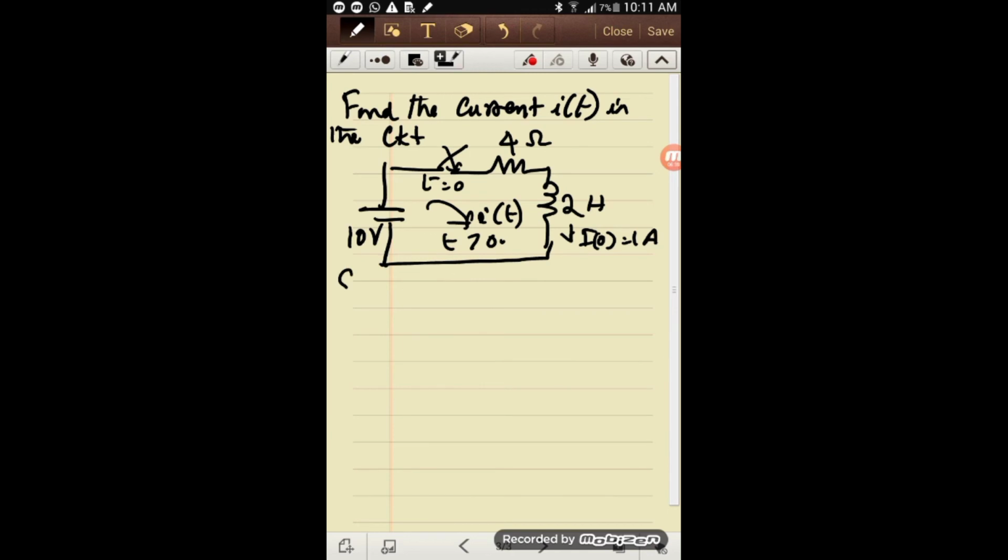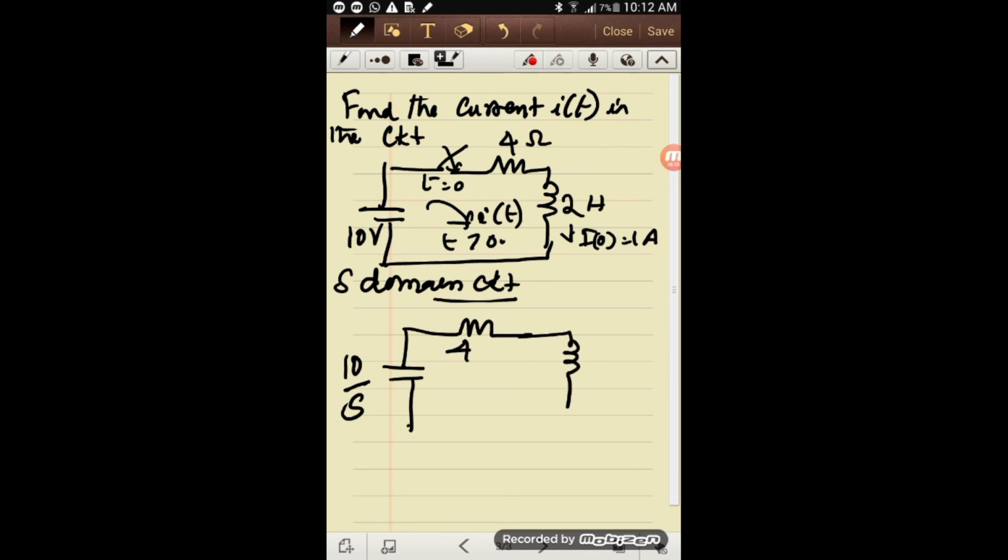So we will draw the S-domain circuit. As explained, we will replace 10 by its Laplace transform, the Laplace of V is equal to 10, so this should be 10 by S. R should be replaced by R, that is 4. L should be replaced by LS. Along with that, since L was carrying a current I0, what should we add along with the L?